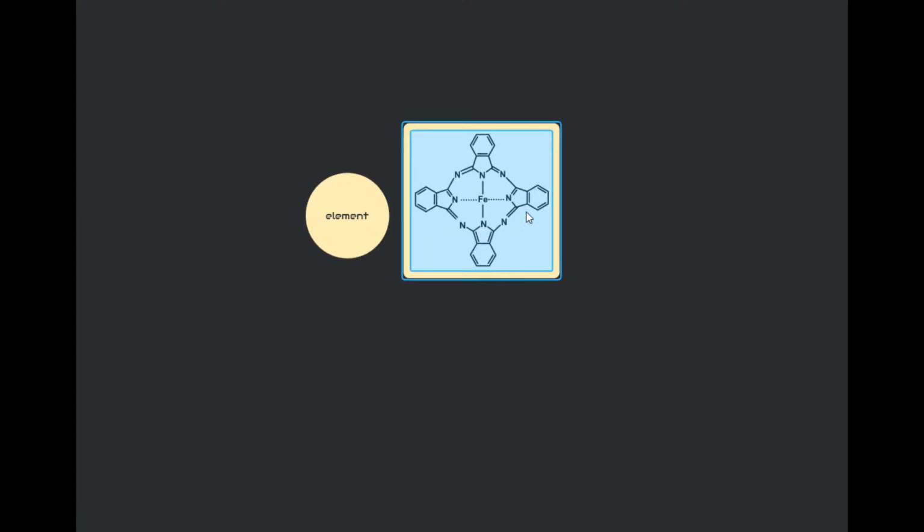Okay, so let's have a look at this. So this is what we call an iron molecule. So this is iron. And then the steel molecular structure is actually just basically this.